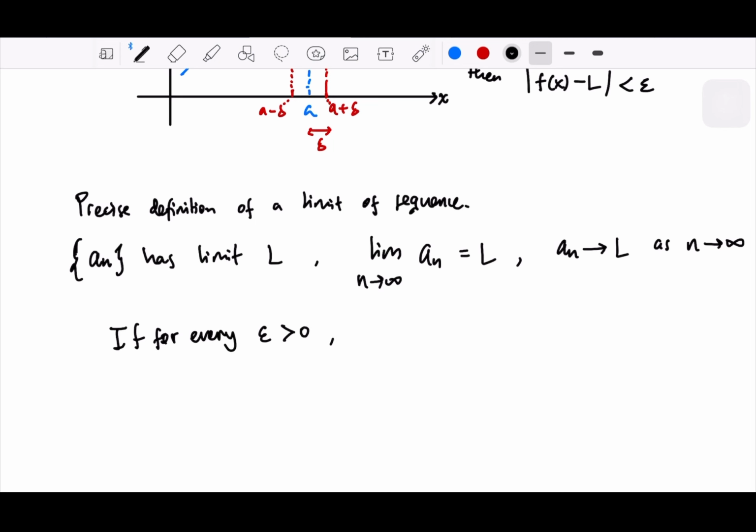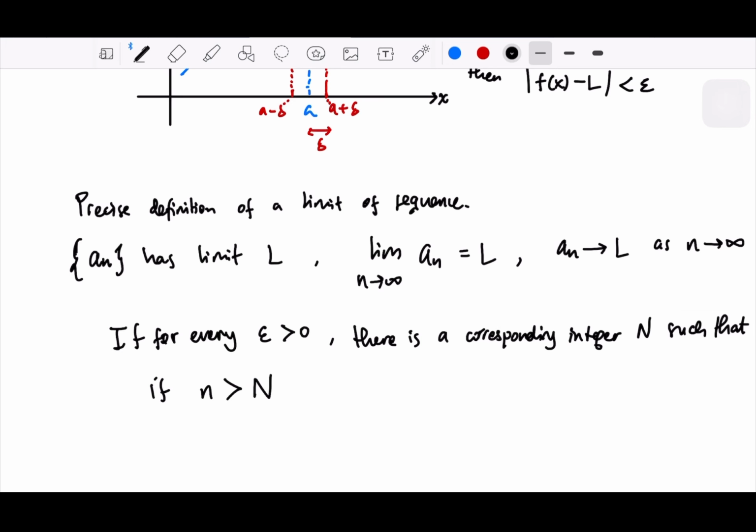So for every epsilon, there is a corresponding integer N, such that if n is greater than the capital N, then this always happens: the distance from the sequence to the value L will always be less than epsilon. This is precisely the same meaning as what we have done here, but in terms of sequences.